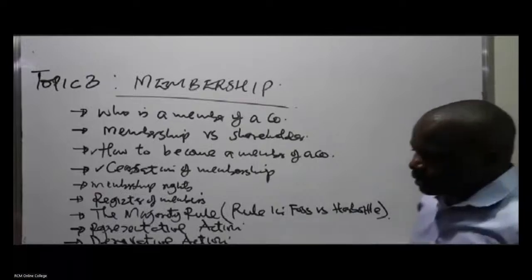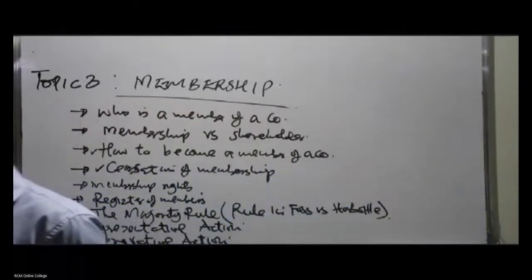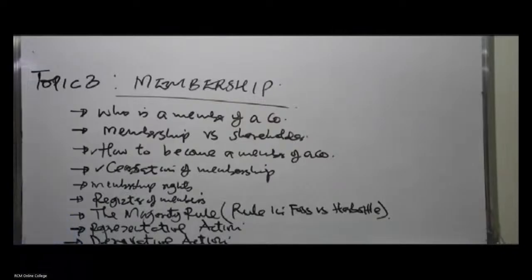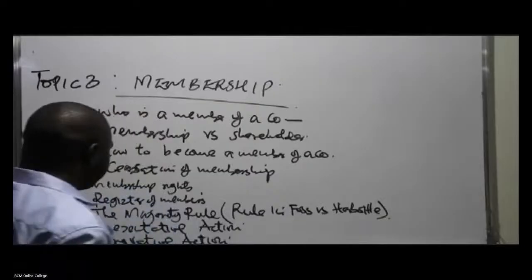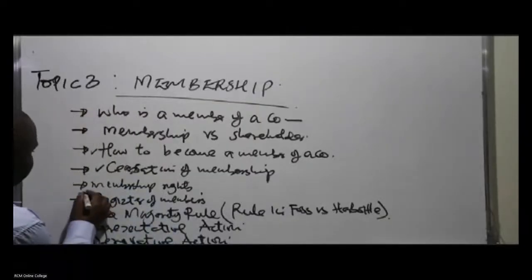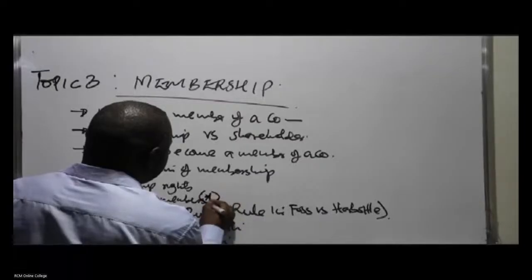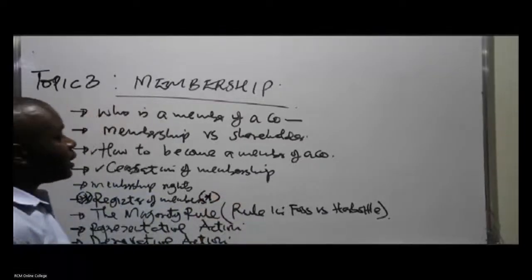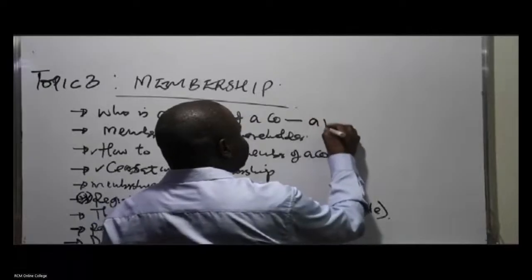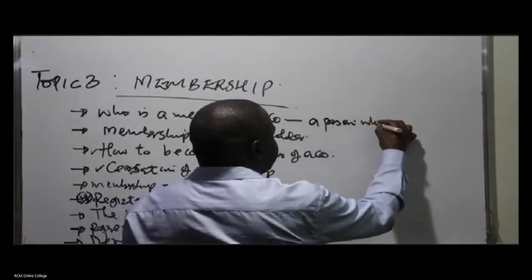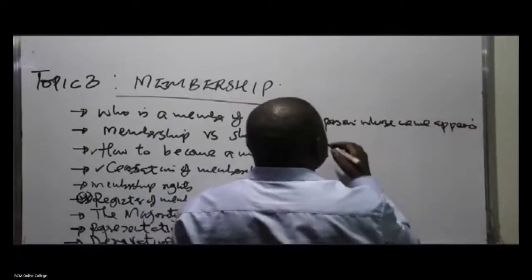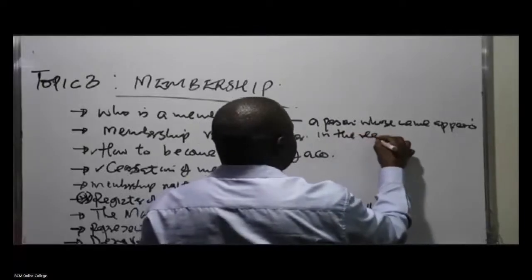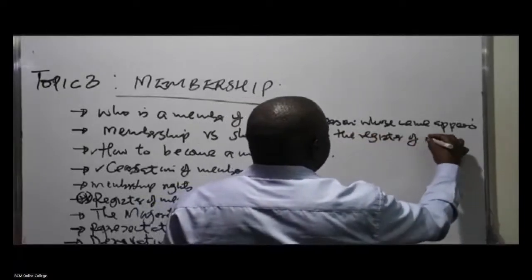So who is a member of a company? That would be the question. A member of the company is a person whose name appears in what we refer to as the register of members, which I've already indicated here. So if a person's name appears in this document, then we'll refer to that person as a member of the company.